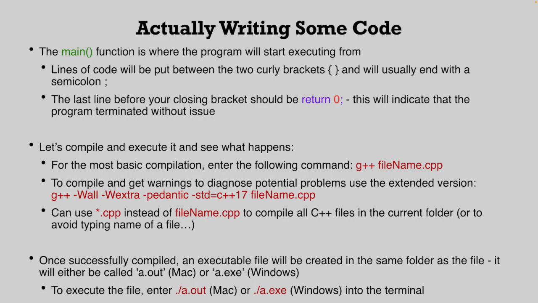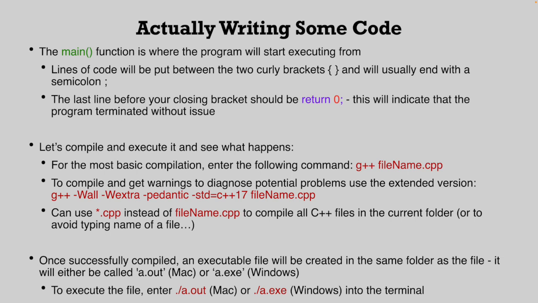So now we're going to actually write some code using this main function, which is where the program will start executing from. You're going to have two curly brackets, and that's going to enclose your lines of code. Those lines of code will usually end with a semicolon most of the time. That's one of the common errors you make at first, forgetting the semicolon at the end.